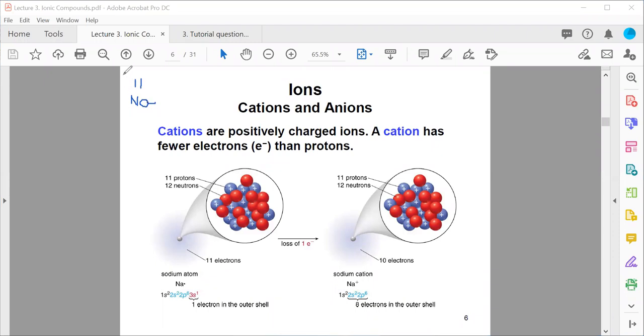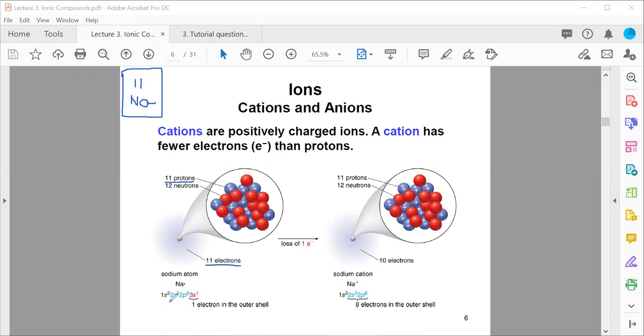That number 11. Atomic number, yes, very good. So that means that a neutral atom of sodium has 11 protons, correct? And if it's neutral, we can infer that it also has 11 electrons. That's exactly what we see here: 11 positive protons, 11 negative electrons.